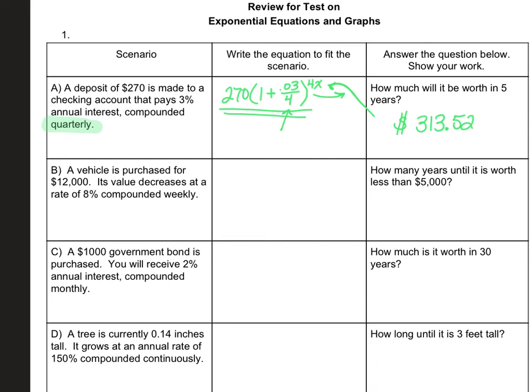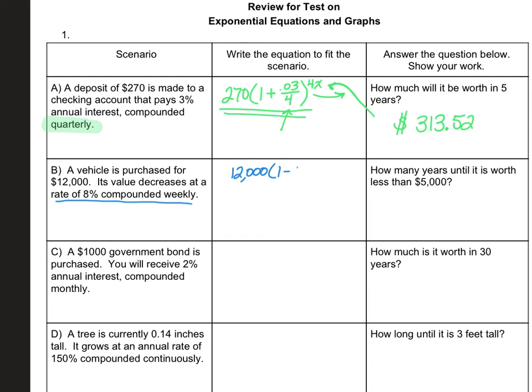Letter B, it says the value of a vehicle purchased for $12,000 will depreciate. It will decrease. So we have $12,000. And since the value is decreasing, we are going to take that amount away from 1, because the 1 stands for 100%. And it says the value will decrease by a rate of 8% compounded weekly.